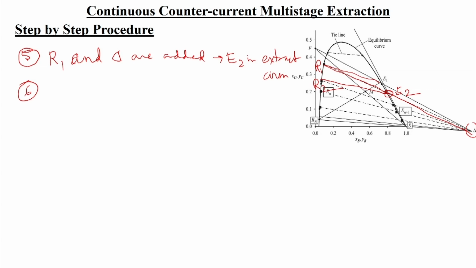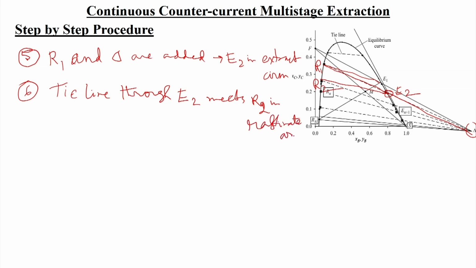So, the tie line through this E2 meets R2 in the raffinate arm. Okay. So, this is R2, that is the feed to stage 3.